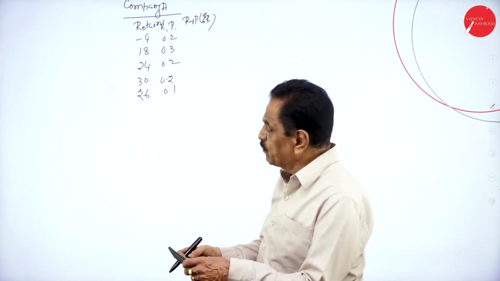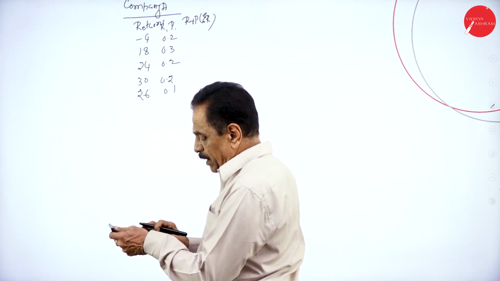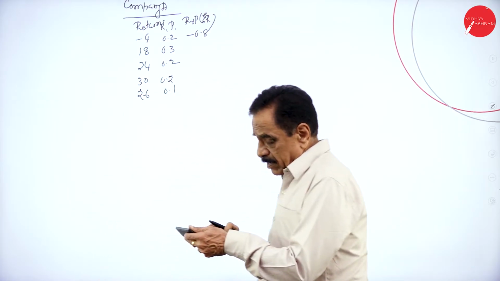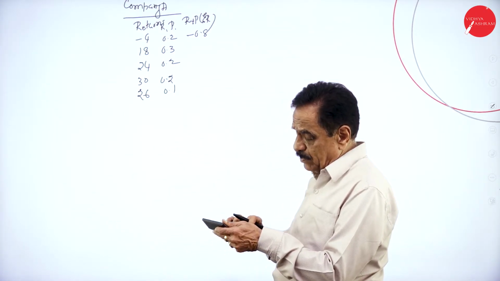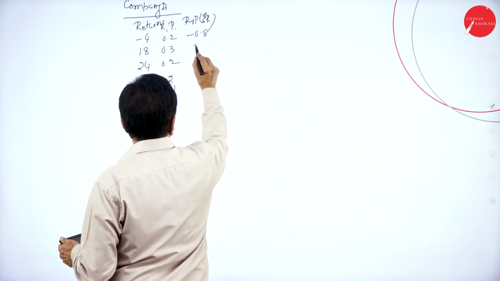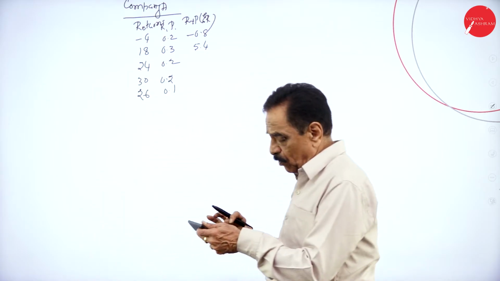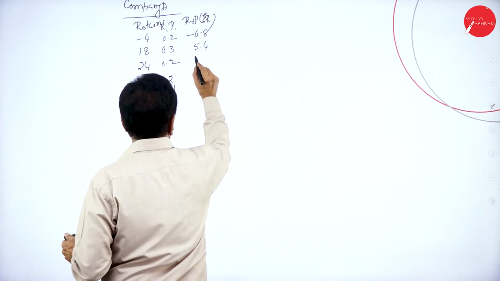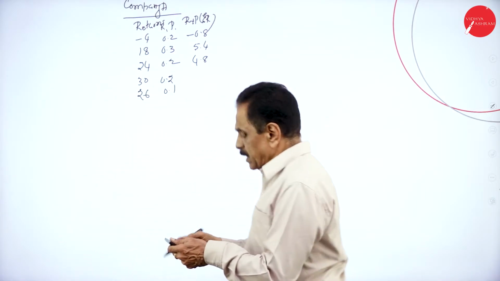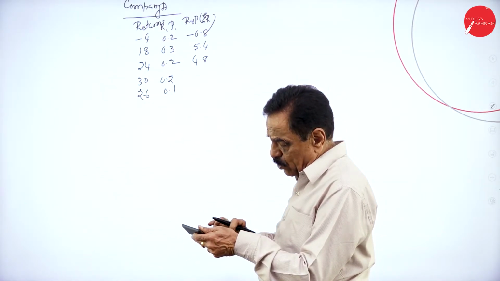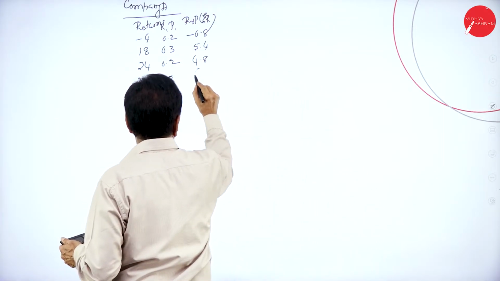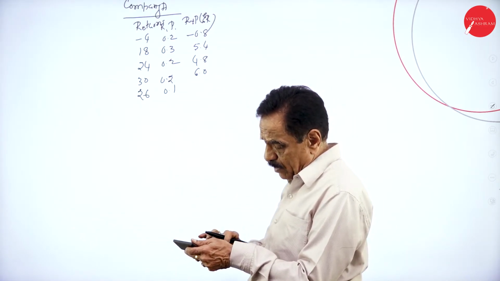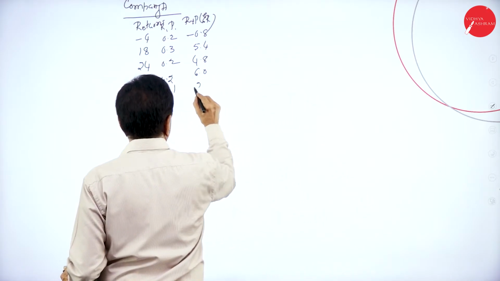Multiply -4 into 0.2, minus 0.8. 18 into 0.3, 5.4. 24 into 0.2, 4.8. 30 into 0.2, 6. 26 into 0.1, 2.6.